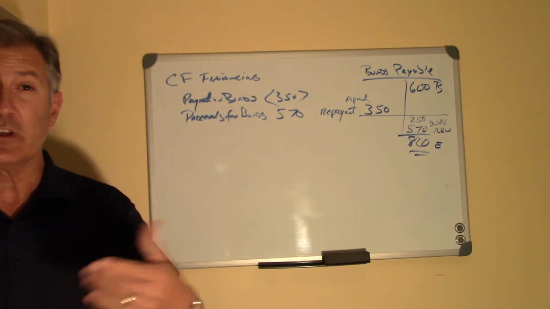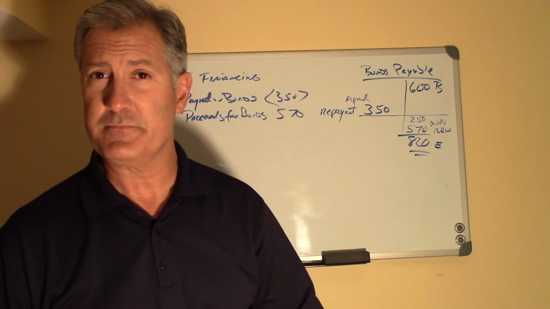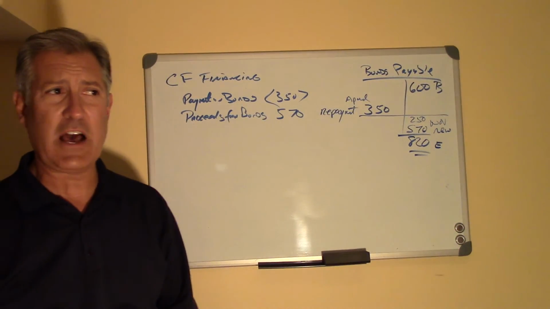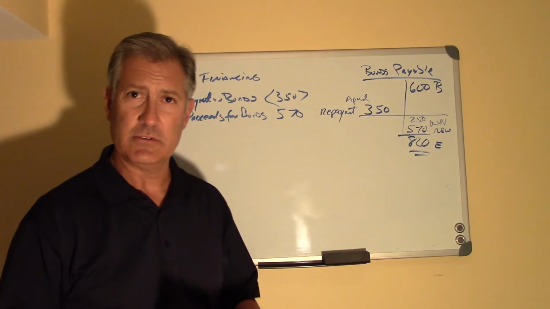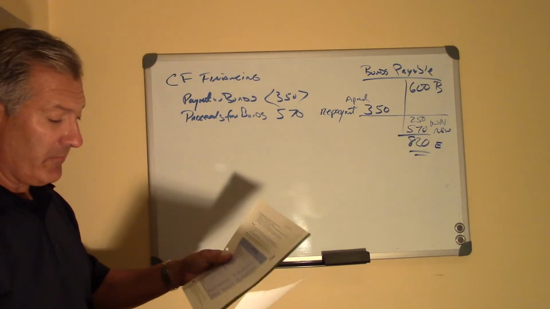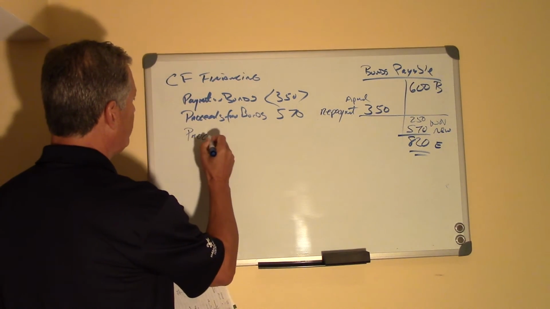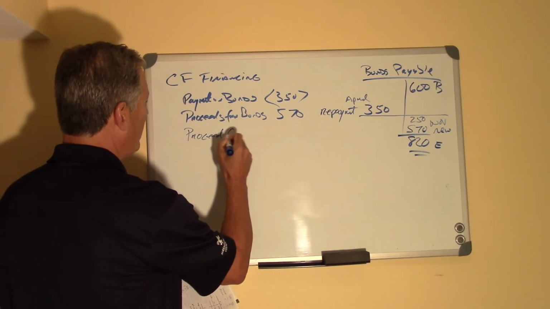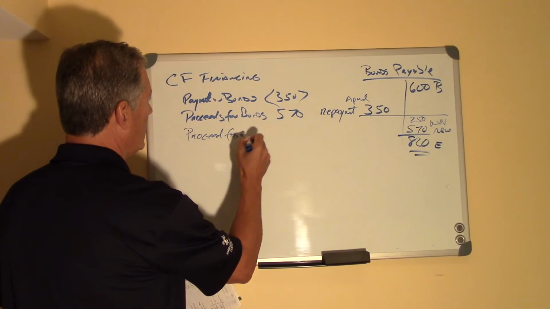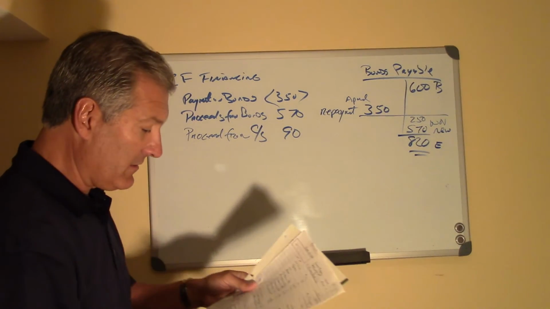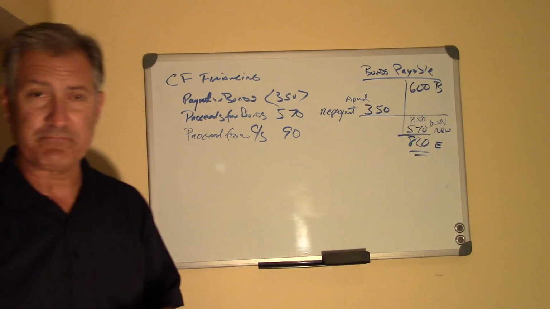Company issues common stock for cash. They receive cash, they give out additional common stock. Debit cash, credit common stock. That's an inflow of cash. I'm going to call this proceeds from common stock. Cash coming in, $90,000.